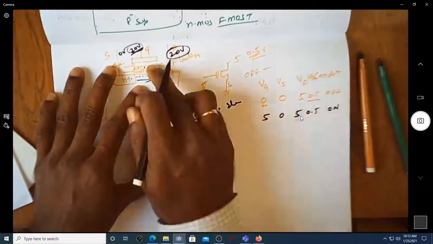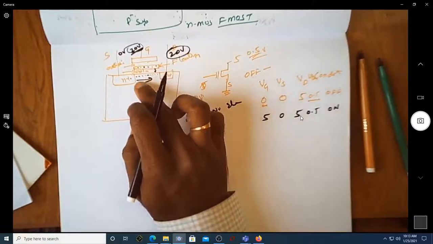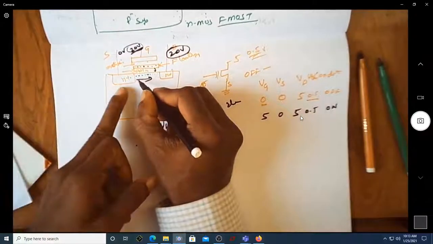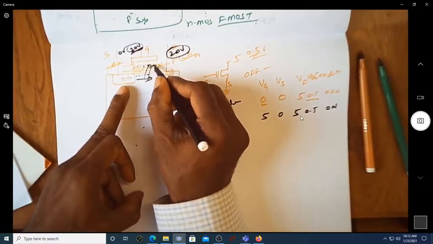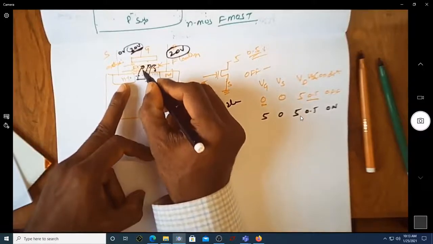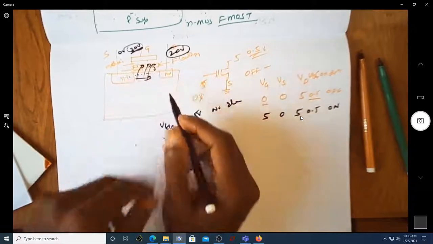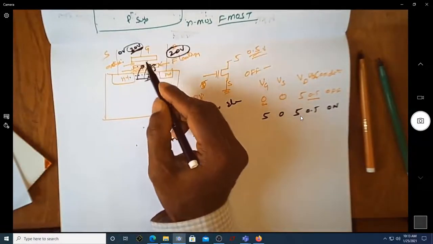Why are the electrons accumulated here? The electrons are trapped. The electrons get enough energy, and they could tunnel through the very small oxide layer. They can escape and sit in this metal structure, which is the floating gate.